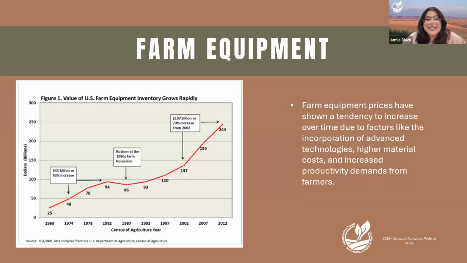But while this is substantial, this increase is less than the 93% rise in inventory values that occurred from 1974 to 1982. And that was another period of farm prosperity. But then, of course, the farm recession of 1982 followed. And that's when we see the decrease in farm investments.